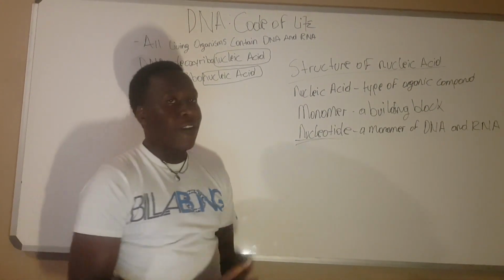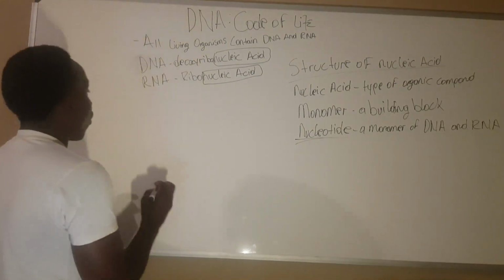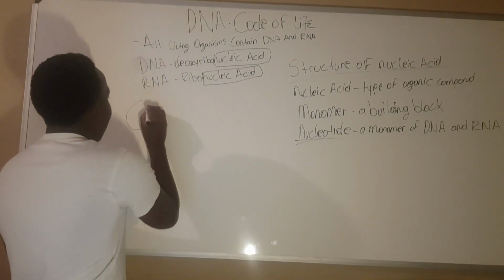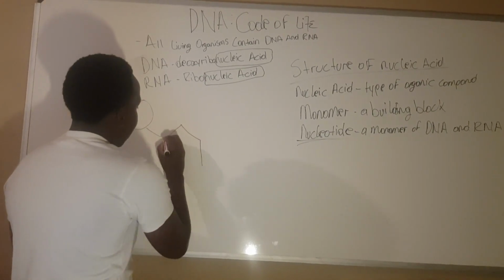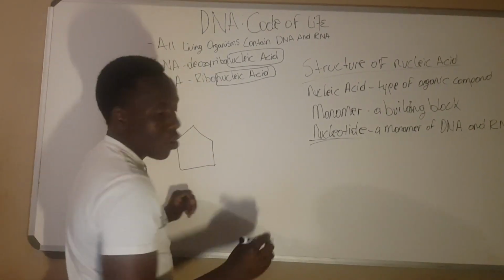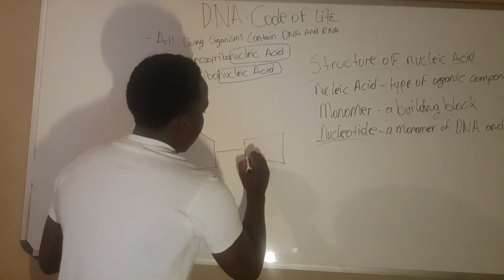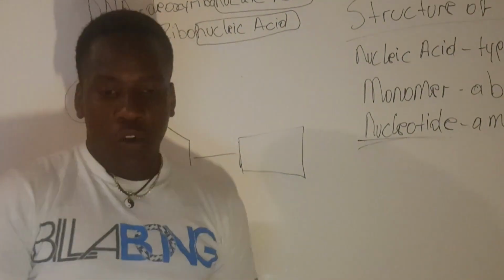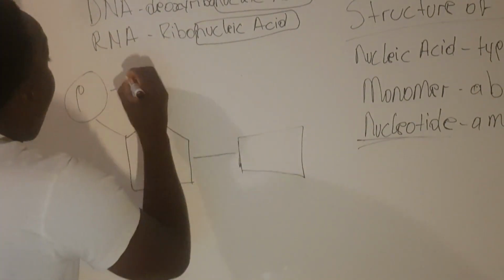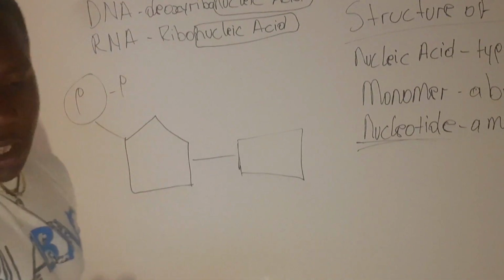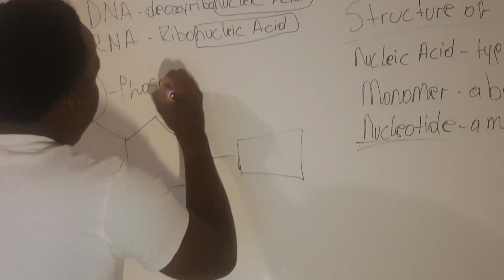With that, I'm going to show you a simple structure of a nucleotide. This is the simplest structure of a nucleotide. Here in the nucleotide, we have the phosphate group.